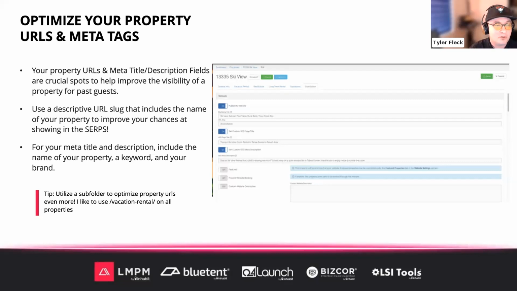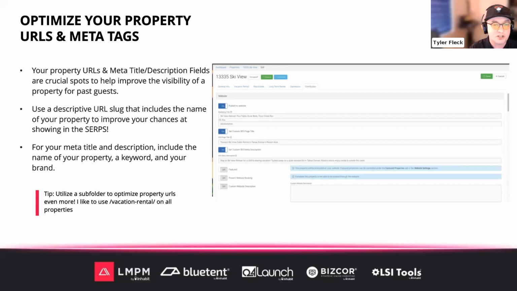In the LMPM tool, on the property page, you see here on this screenshot, you have your meta title, your URL slug, and your meta description as well. They're really easy to update. Basically, you want to make sure that those are all optimized. My favorite way of doing this is just the name of your property and then your brand.